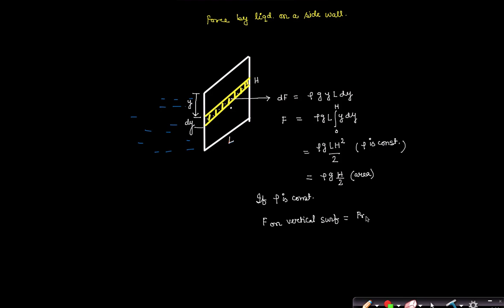It is pressure at midpoint or geometric center, you can say. Pressure at geometric center multiplied by area. Very important relation. But if rho is constant, you can only do it. In that case, it is only pressure at geometric center multiplied by the area.